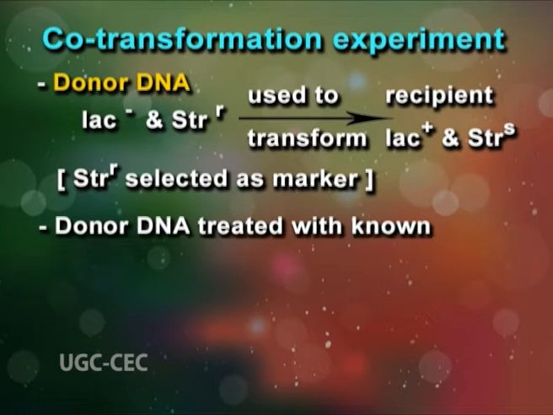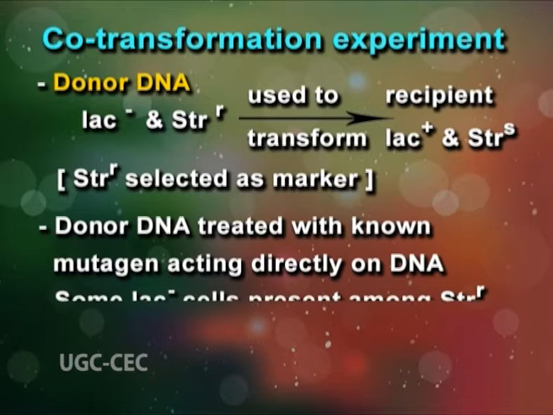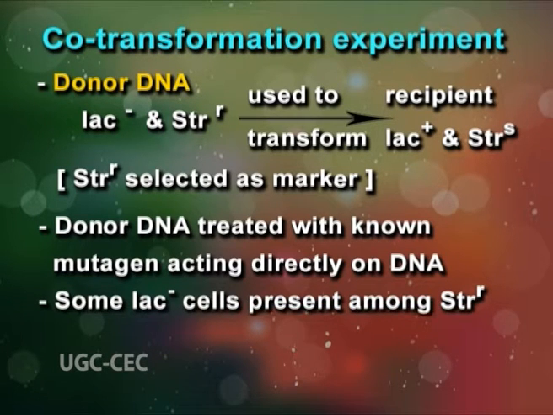However, the Lac negative marker could not appear in the recipient. Thus, if the donor DNA was treated with a known mutagen that acted directly on DNA, some Lac negative cells would be found among the streptomycin resistant mutants. Thus, the presence of Lac-negative streptomycin-resistant transformants would indicate that the mutagen is directly active on DNA.